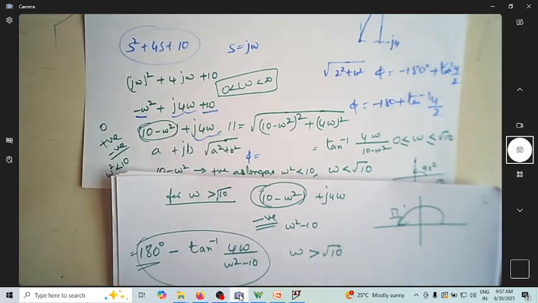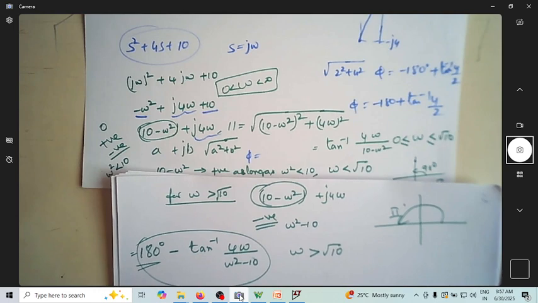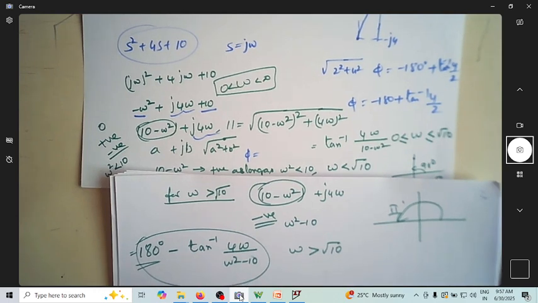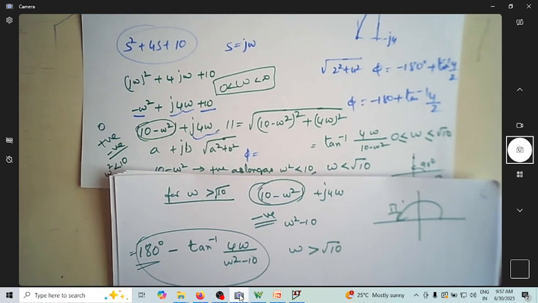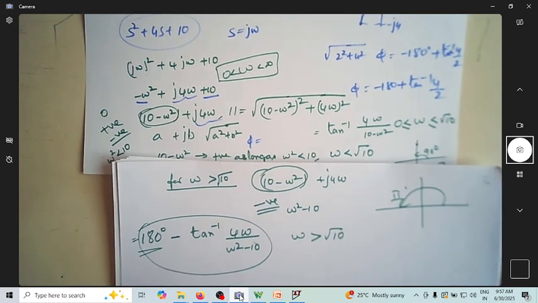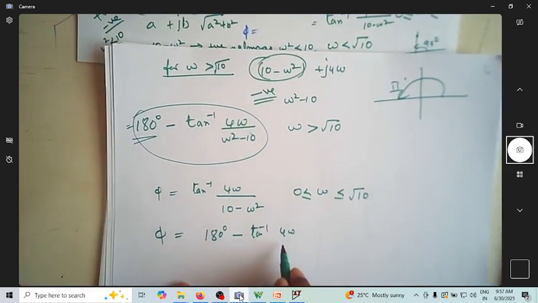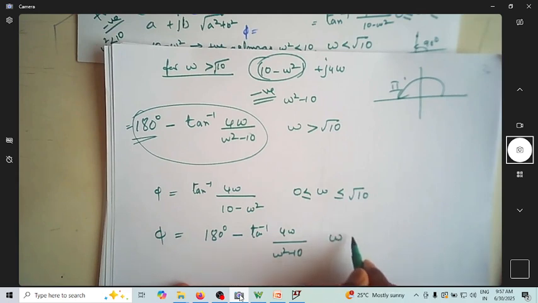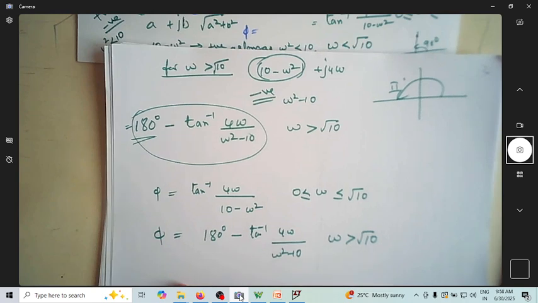For the first term, the phase is tan inverse of 4 omega by 10 minus omega square for all values of omega between 0 and root 10. The same phi is 180 degree minus tan inverse of 4 omega by omega square minus 10 for all values of omega greater than root 10.